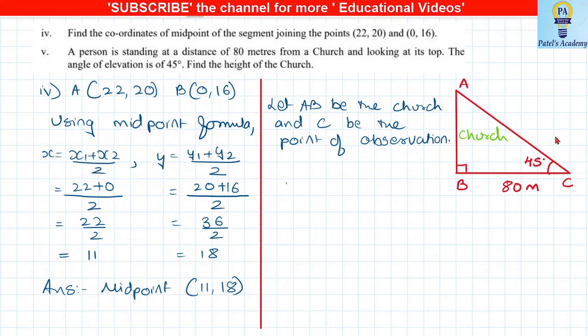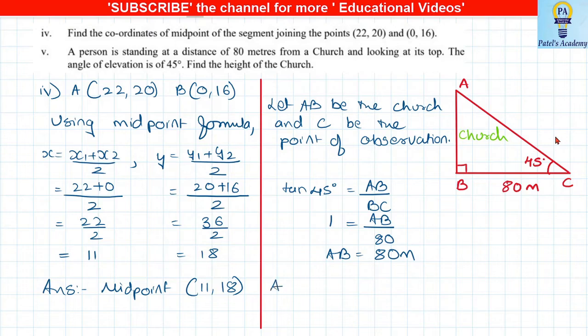We have to use tan 45 because we have to find the opposite, that is AB, and the base is given. We know that tan theta is opposite upon base, so AB upon BC. Tan 45 is 1, we have to find AB. BC is 80, so after cross multiplication, I get the answer as 80 meters.